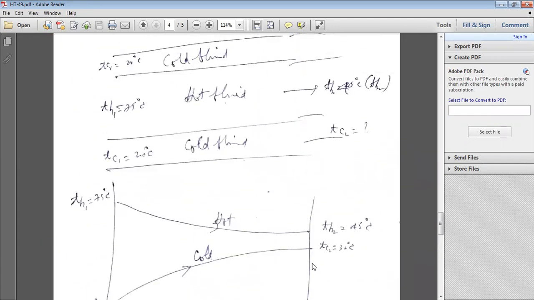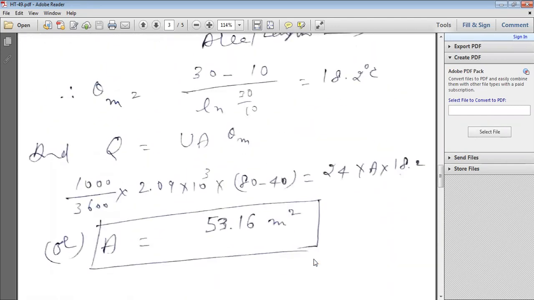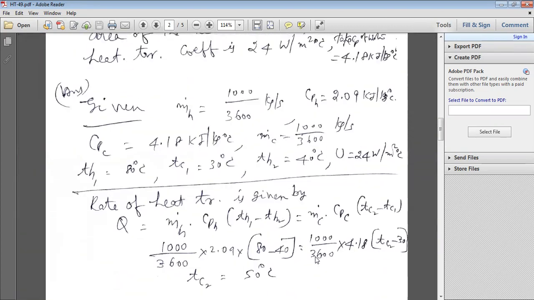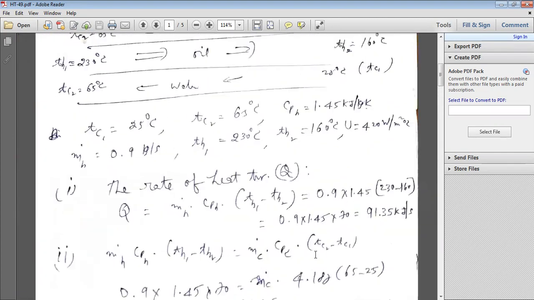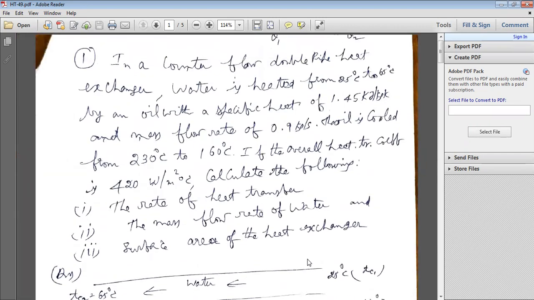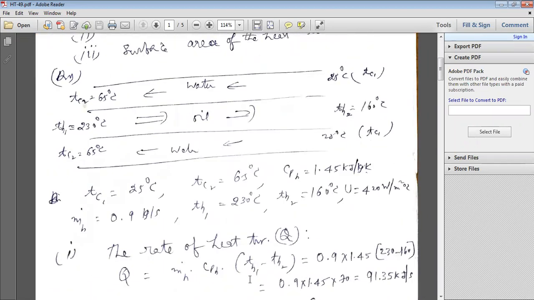Like that, you can solve any type of problem under this heat exchanger in an easy manner. You may get a 7 marks problem under this heat exchanger, and it is very easy. But what is required is that you know the basic concepts: what is a parallel flow exchanger and a counter flow exchanger.